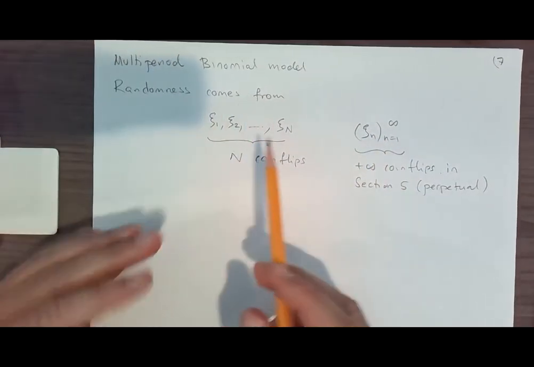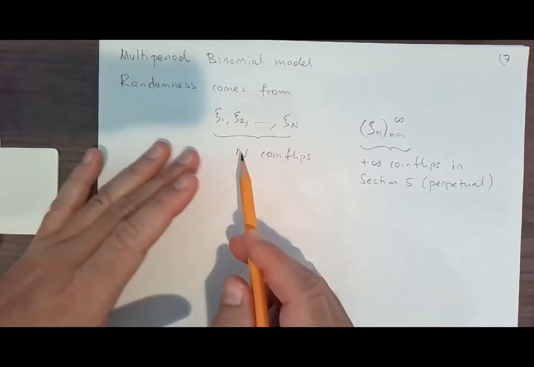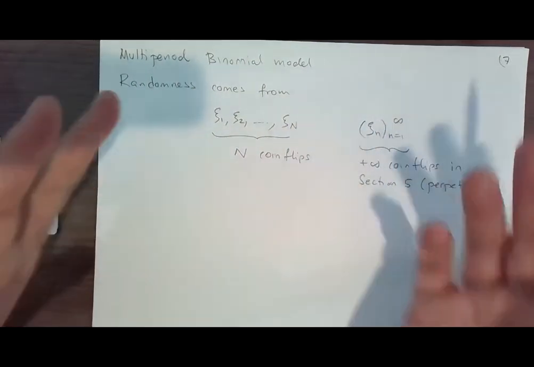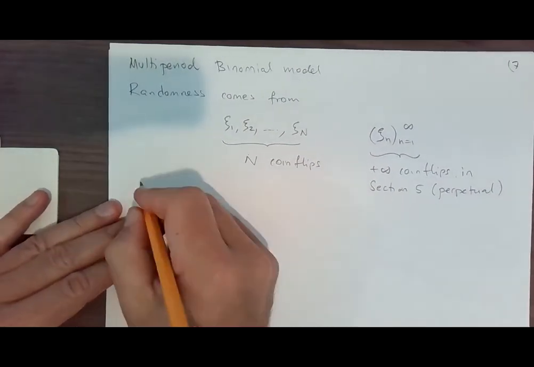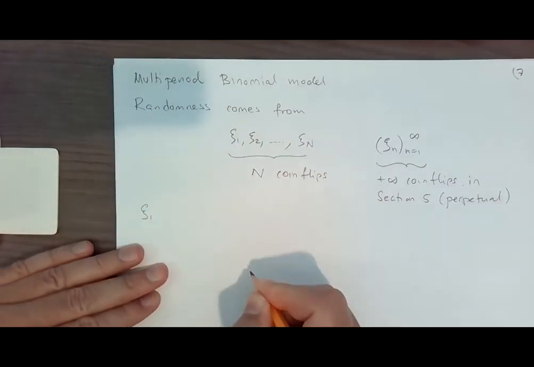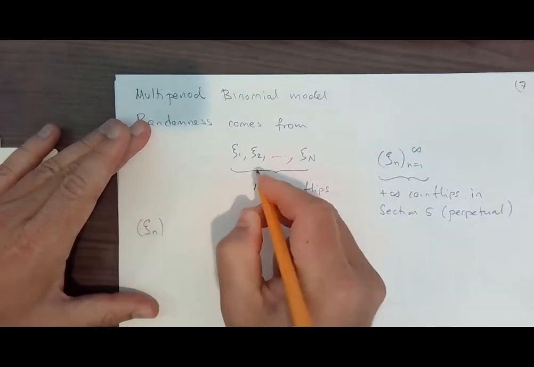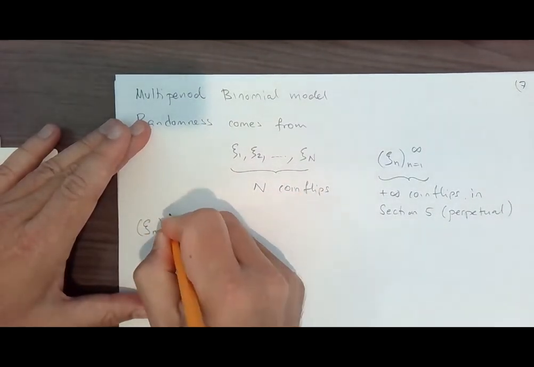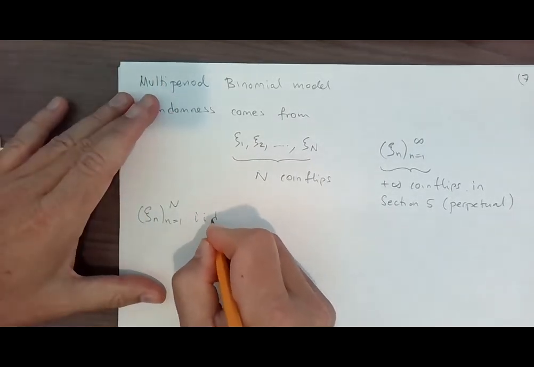So we have randomness coming from these conflicts. For now, we'll have capital N conflicts. The assumption we're going to make is that psi 1 through psi n, a finite number of them, will be IID Bernoullis.